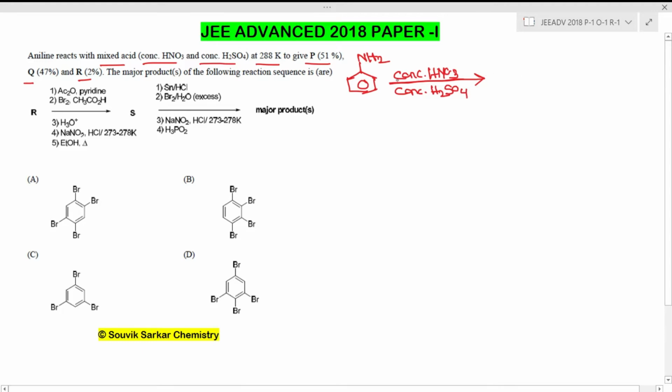So whenever we do nitration of aniline, we get three products: one is an ortho isomer, second one is meta isomer, and another is para isomer.